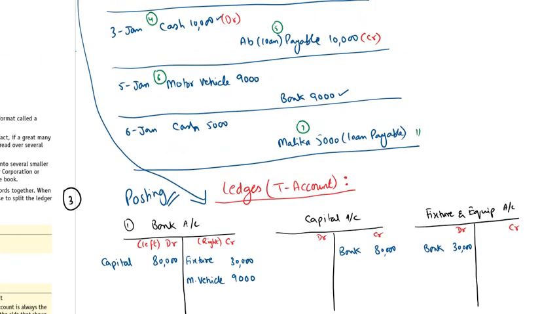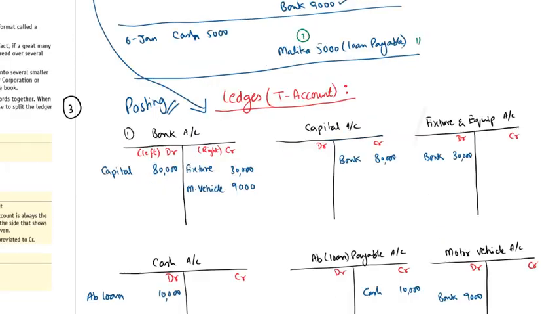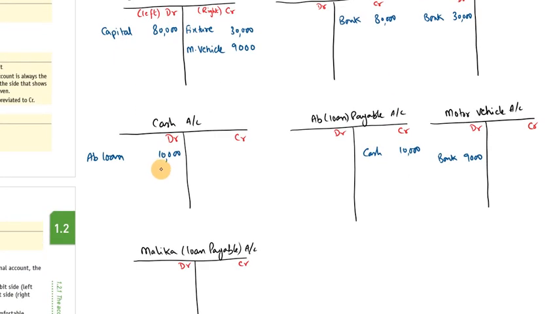And the last entry will be cash debit, and Malaika is the person from whom the business took a loan. We will write cash debit 5,000 against Malaika loan payable.